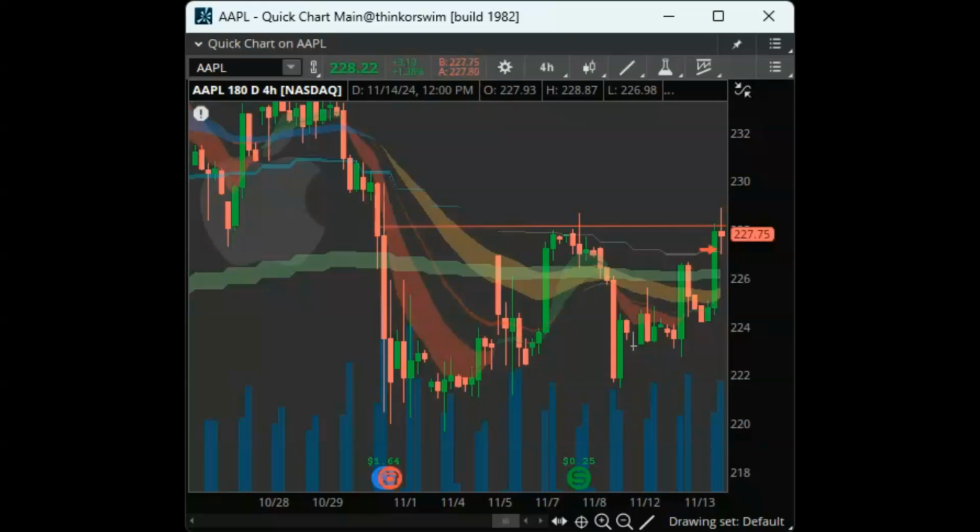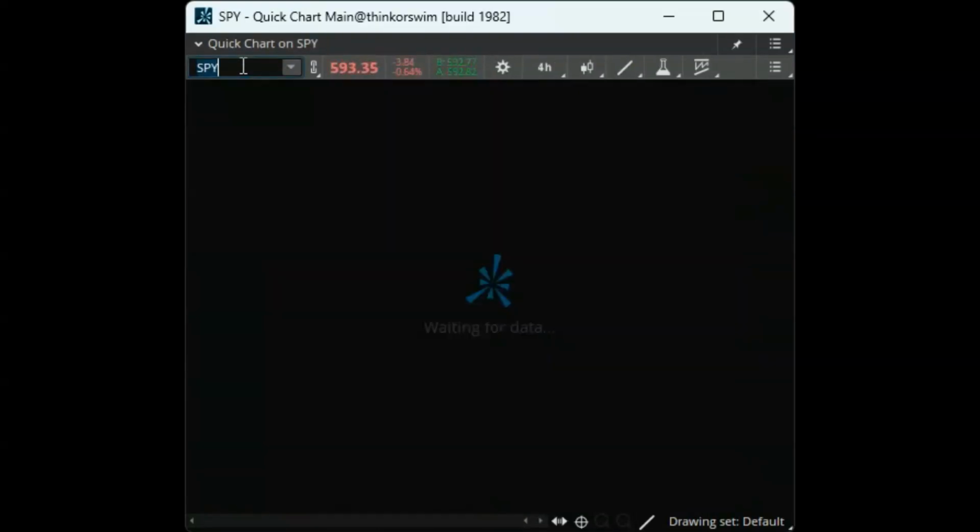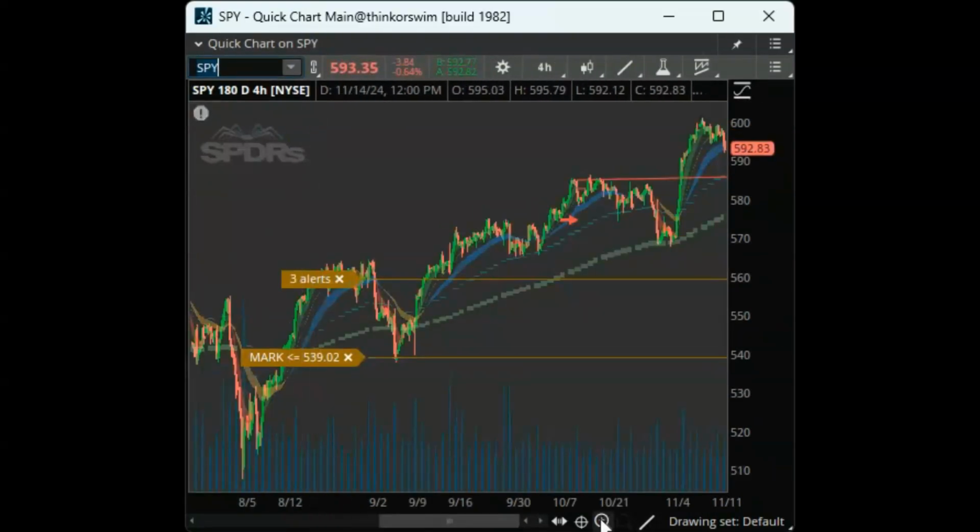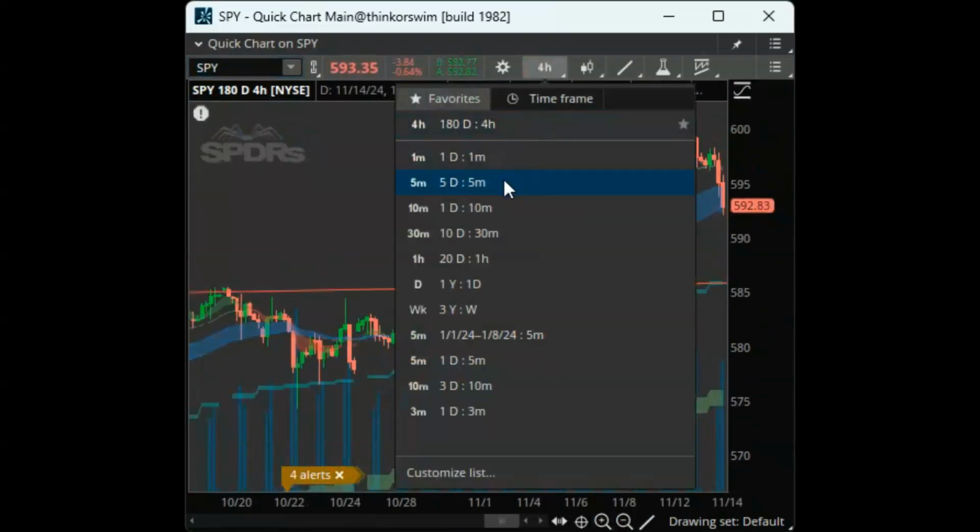How do I enter reversal trades? Always, whether I'm short or in puts, as soon as the 512 reclaim happens, and I talk about this a lot, I'll set my stop at the candle next to it. Let's just go to SPY and the 10-minute.